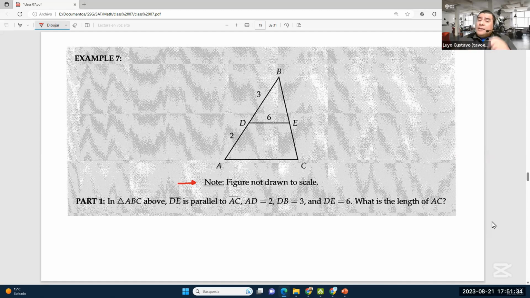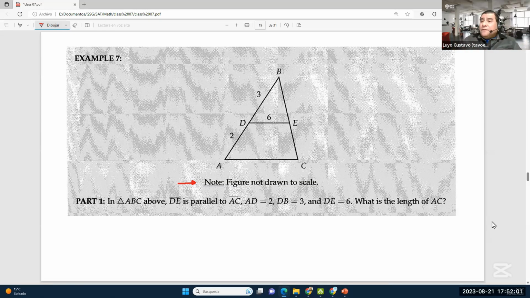So don't try to estimate the length of the segments in the figure just visually, because what appears to plain sight is not exactly what you can calculate using the property of similar triangles.